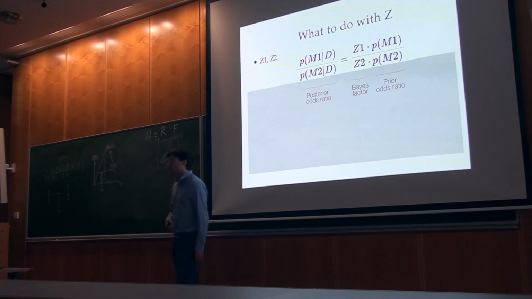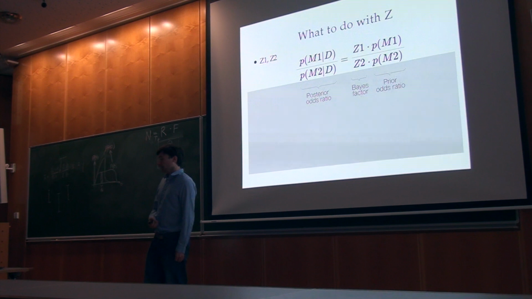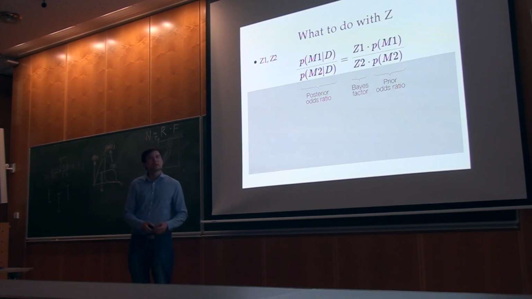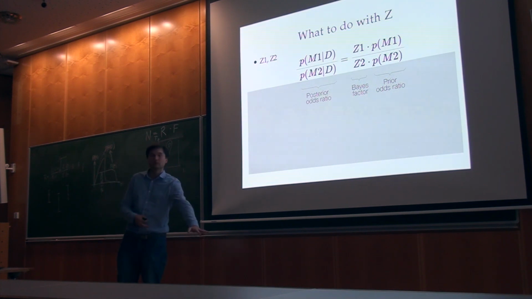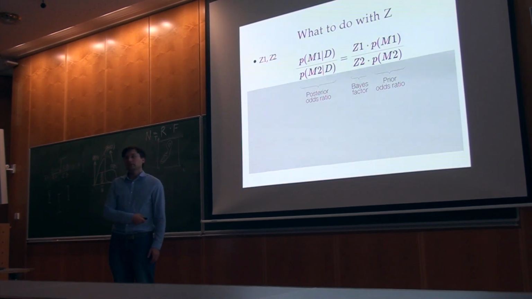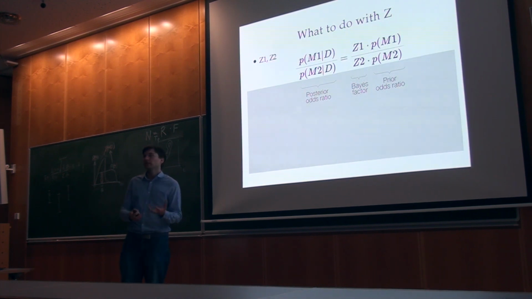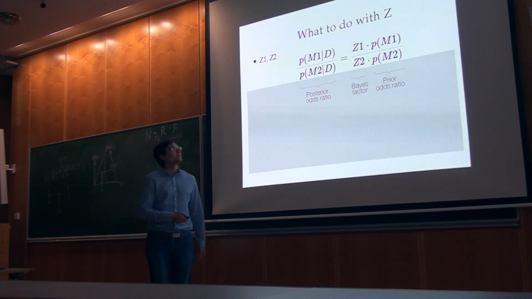Some people also use the word evidence, although it's not really evidence because the data are the evidence, but it's a word that has one syllable benefit over the other word. Then you have this averaged likelihood, which again for complex models is being pushed down, and take the ratio to the other average likelihood, the marginal likelihood. And that is called the Bayes factor. That should tell you which model is currently being preferred by those data.